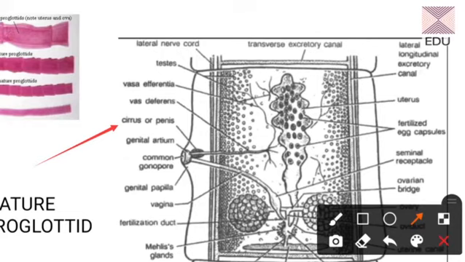Next we have the genital atrium. What is the genital atrium? You can say it is a combination of male and female ducts. They open into the genital atrium.